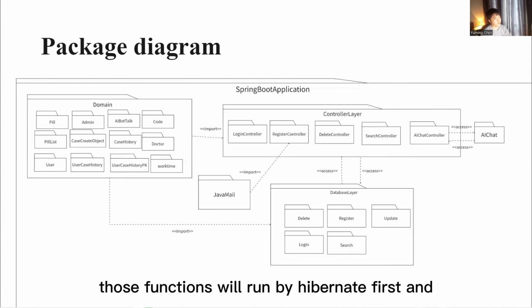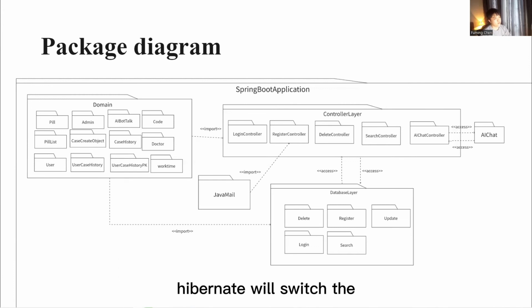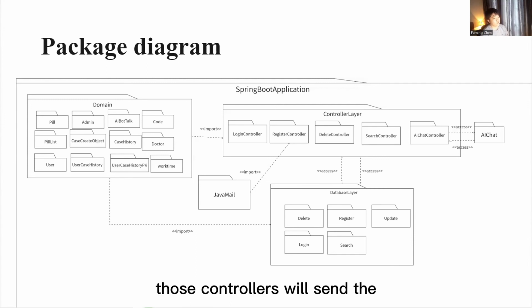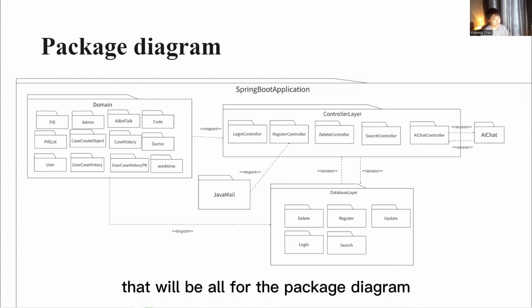Those functions will run through Hibernate first, and Hibernate will convert the HQL language to the SQL language, then check in the database. Then the functions will send the data back to the controller layer, and those controllers will send the data back to the front end. That will be all for the package diagram.